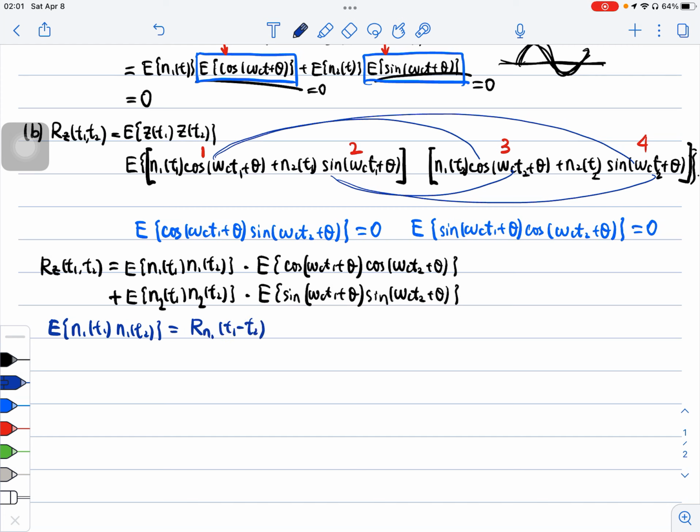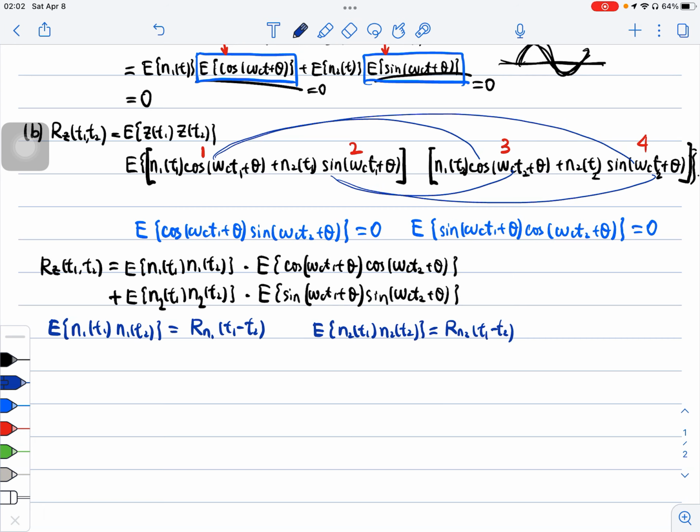We can just use this function to express it. And similarly, this.